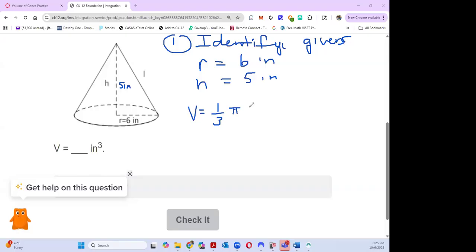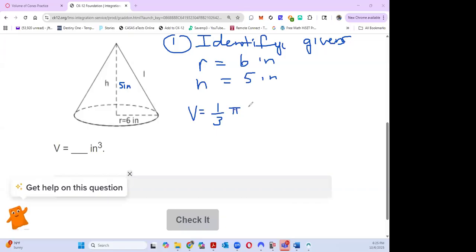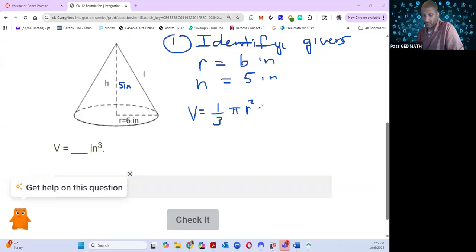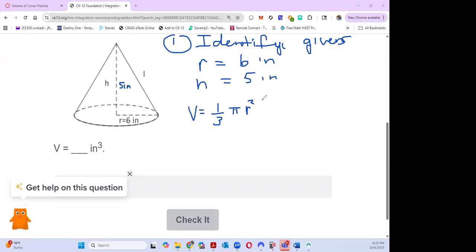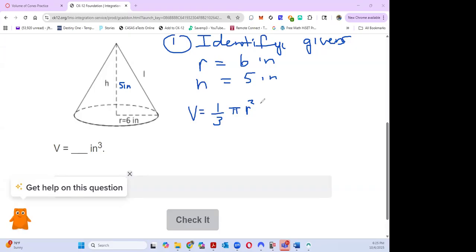Then the steps, right? No. You've got to give me the full formula first. Is it radius to the second power times the number? No. What's the formula first? Volume equals 1/3 pi radius squared times what?